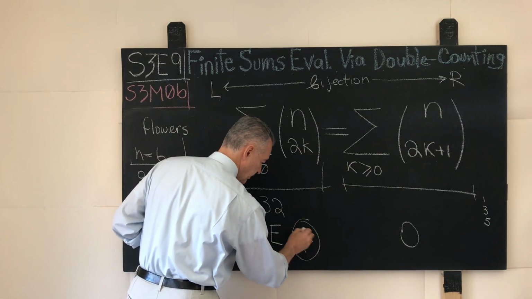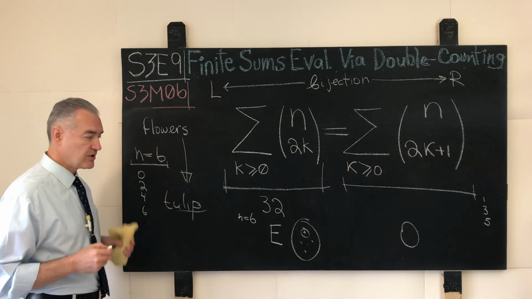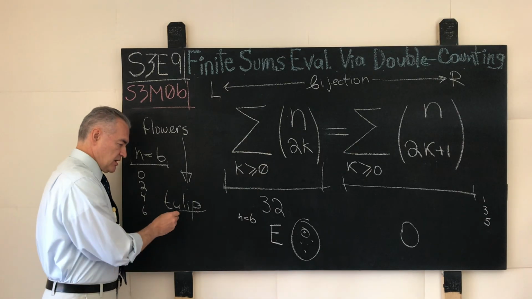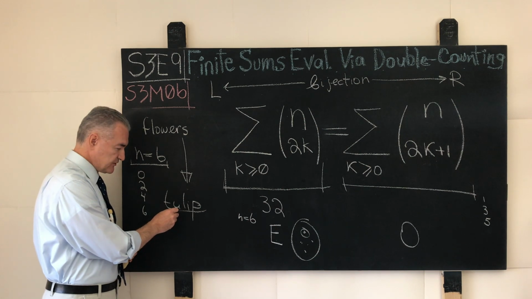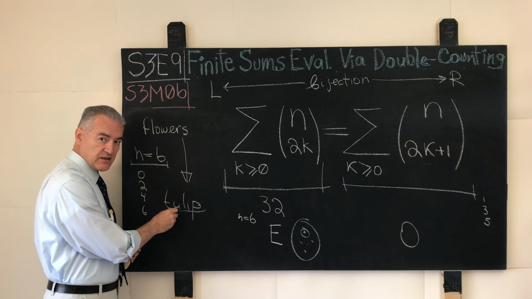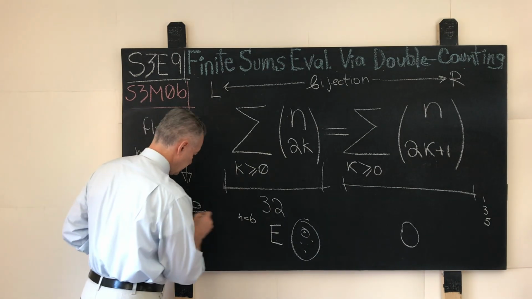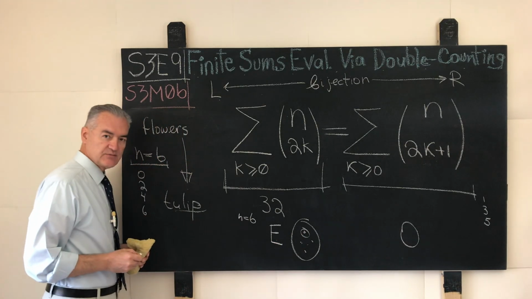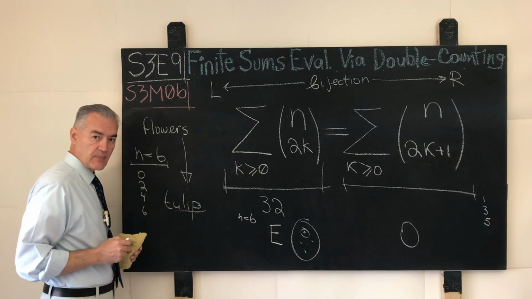Altogether, we pick any element, it doesn't really matter. We pick any bouquet that has an even number of flowers in it, and we ask the following question. Is the flower tulip in that bouquet? If this flower tulip is in this bouquet, then we simply remove it. And if this flower called tulip is not in this evenly sized bouquet, then we add the tulip to that bouquet.